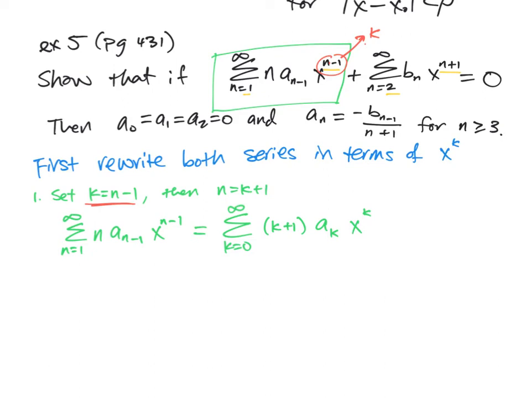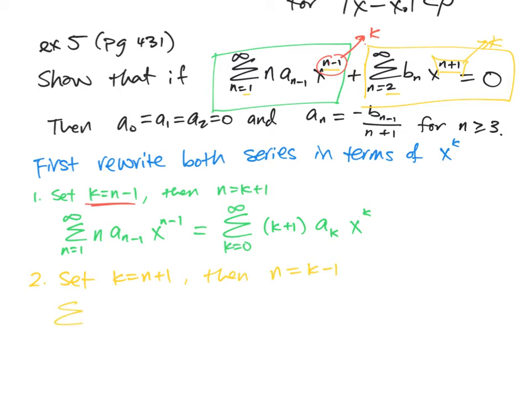Okay, so now for my second one, I'm going to set k equal to n plus 1 because I want this thing to be k. And then I get n equals k minus 1.